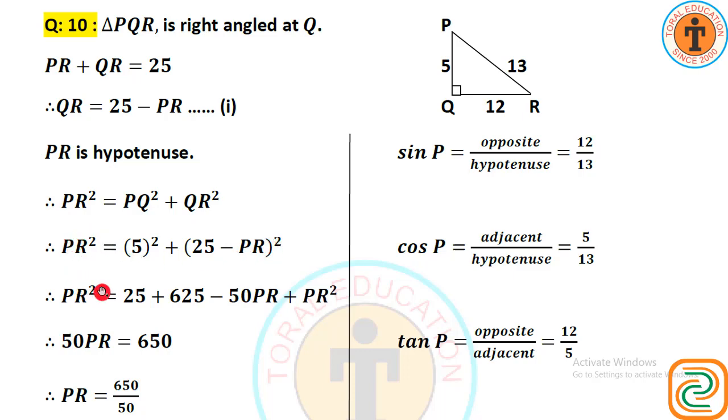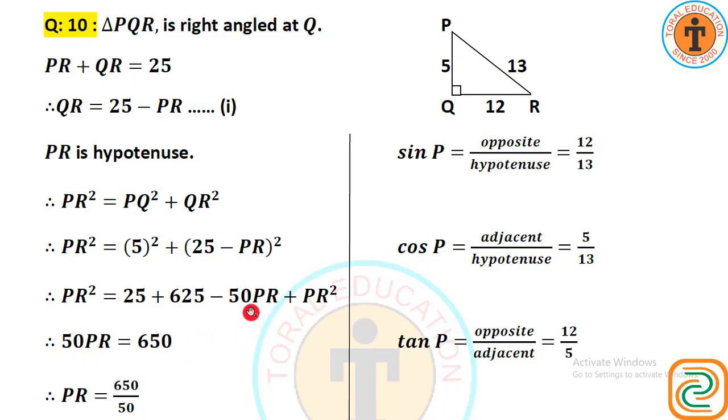Here PR square equals 5 fives are 25, and this one, A minus B whole square: A square minus 2AB plus B square. A square, that is 25 square, 625, minus 2AB, 25 twos are 50, and B means PR, plus PR square. So PR square and PR square will be cancelled.